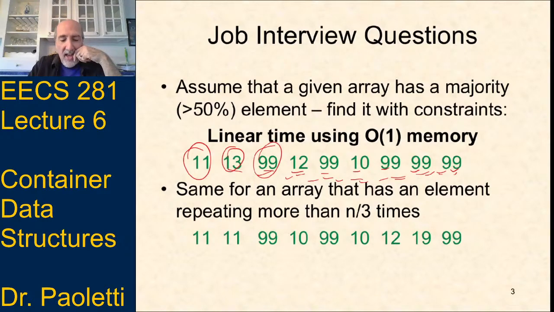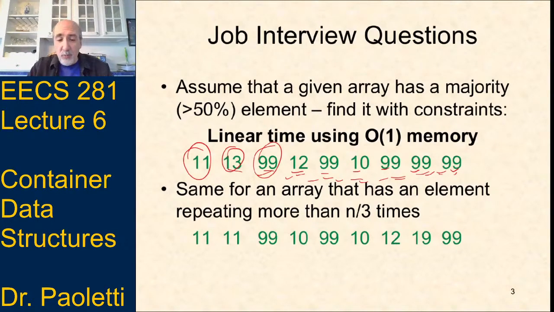So I could do that with O of 1 memory if I took n squared time. So that would work. Okay, what about if I were to sort it? If I were to sort it, then I would get n log n time. I wouldn't need any extra memory, and then I would just have to go back through and look for the biggest chunk in a row of elements that are the same.